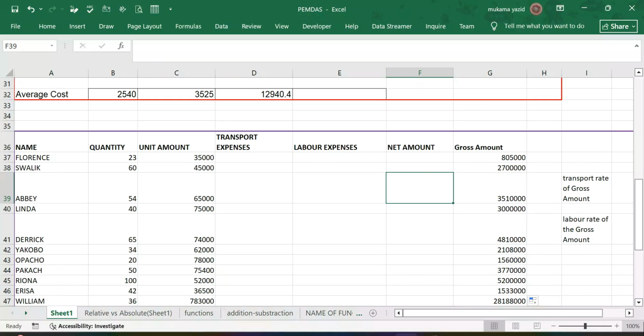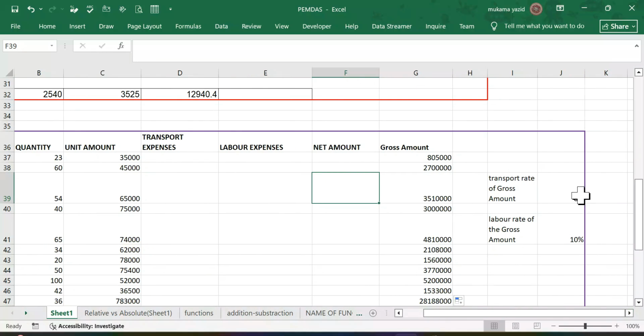So from there we can then go ahead and use these percentages so that we come up with value. So far what we know about transport expense is the rate is 8% of the gross amount. Since we have gross amount, let us use 8% times. We are trying to find out the actual amount in 8%.